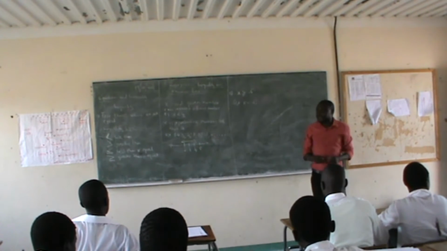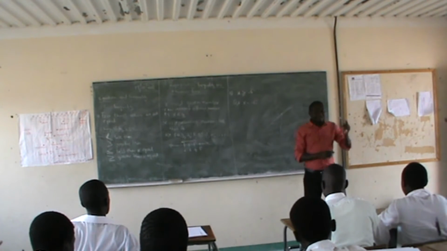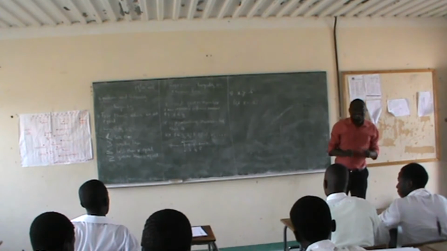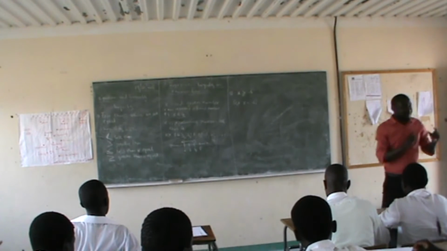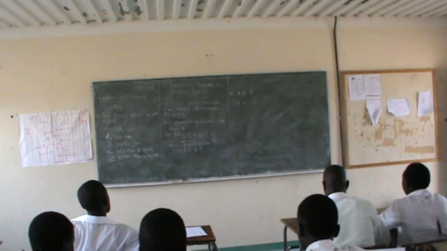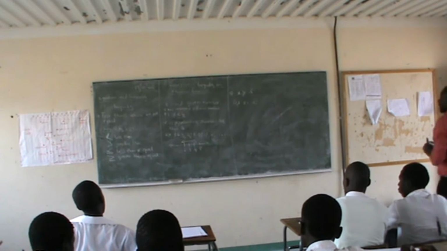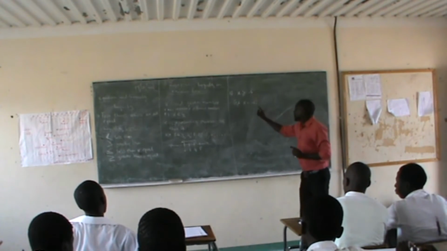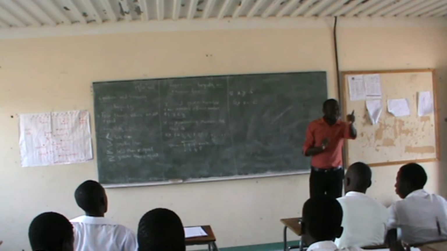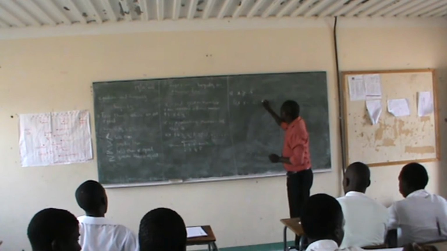Negative 7. Can we try to remind ourselves of directed numbers? Negative numbers. Negative 7 and negative 6. Which one is greater? Negative 6. Now, negative 6. Which number is greater than negative 6? Negative 5.